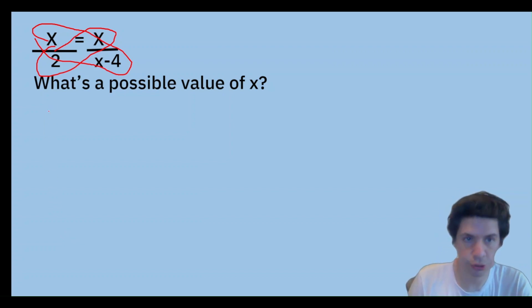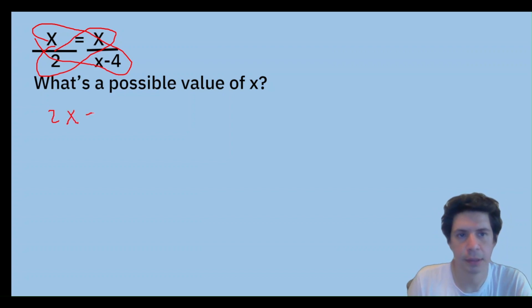So we're going to get 2x equals x squared minus 4x. And that will give us now x squared equals 6x, because we add 4x to both sides.